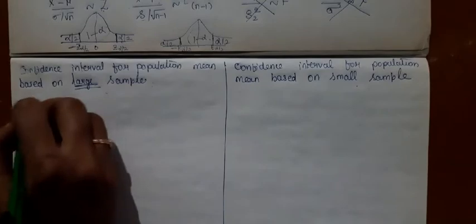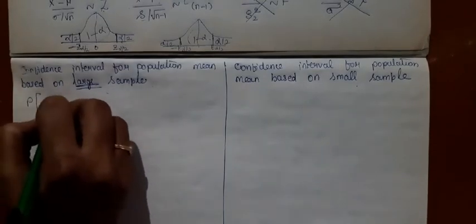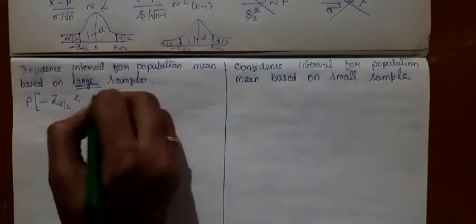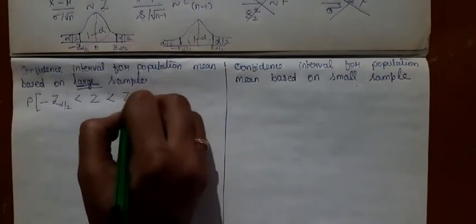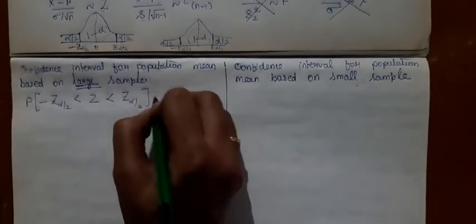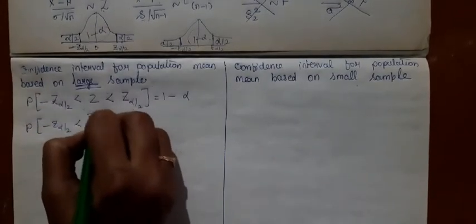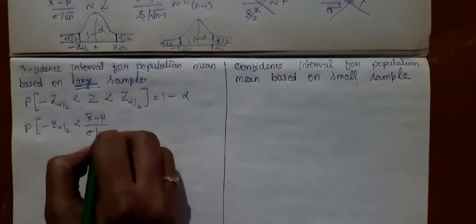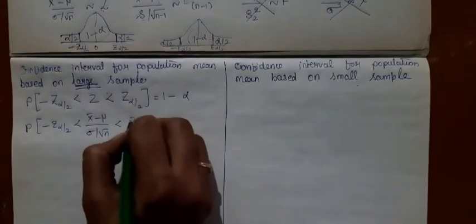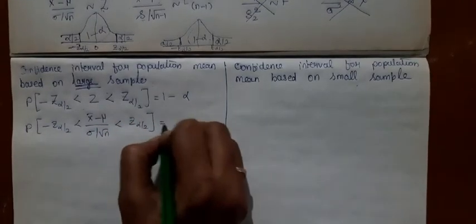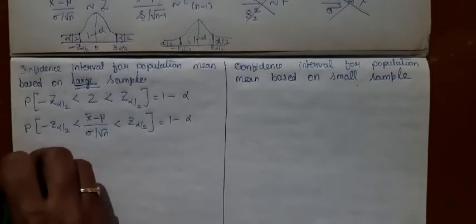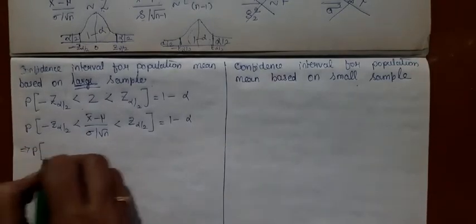Since it is a large sample, the probability that z lies between minus z alpha by 2 and plus z alpha by 2 is 1 minus alpha. What is z? (X bar minus mu) by sigma by square root of n. From this you are going to extract the confidence interval for mu.